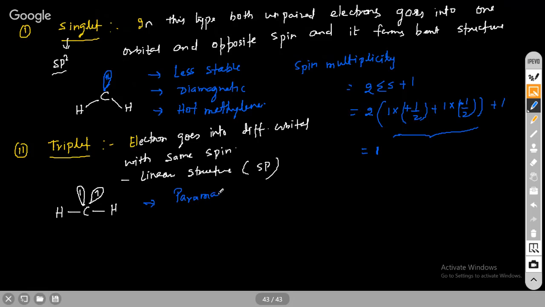The previous one was diamagnetic. The name of this is called methylene, just the opposite of that, and it is more stable than the singlet one, since the two electrons are in different orbitals, so there is less repulsion here.